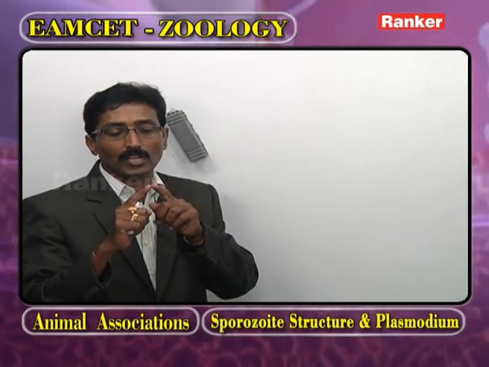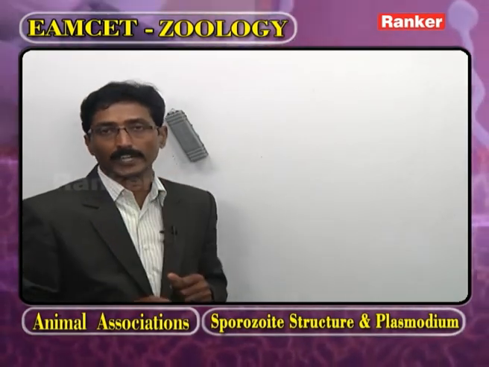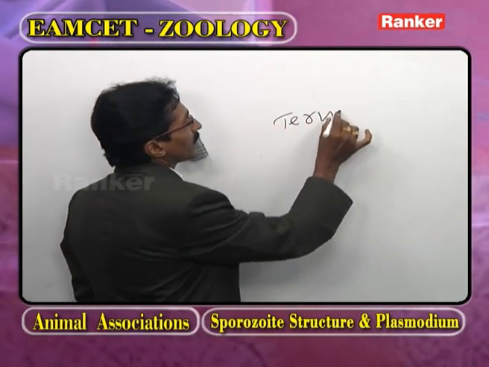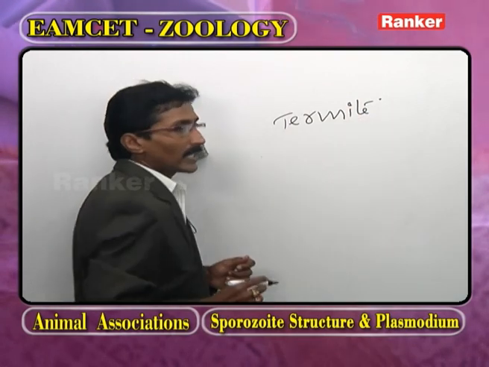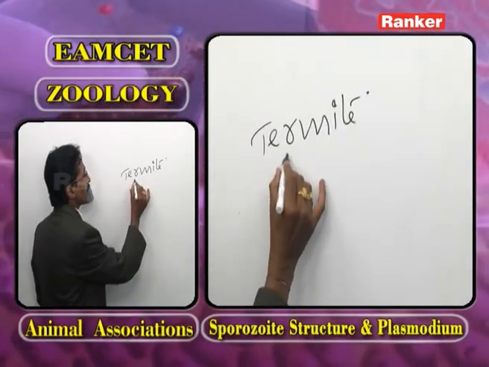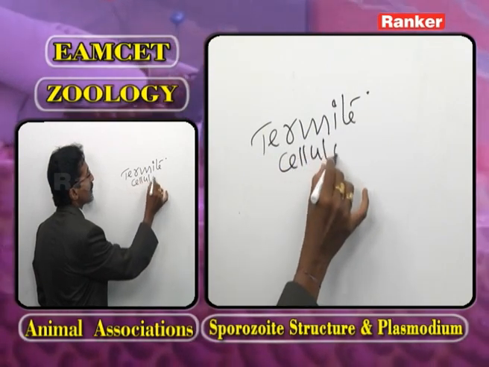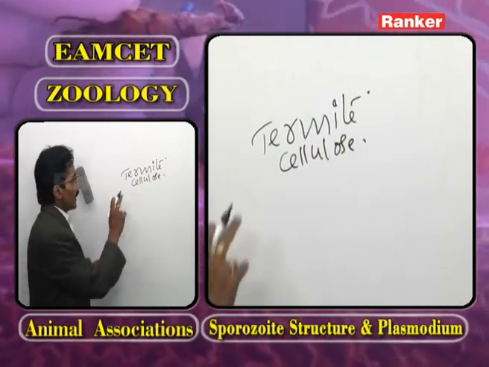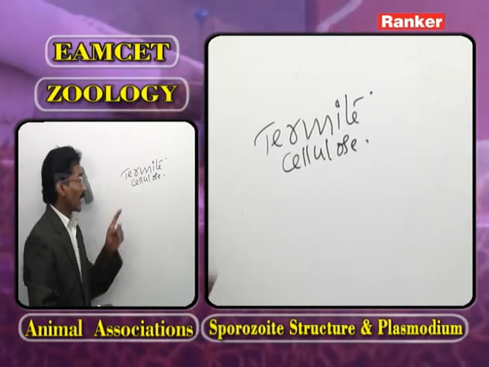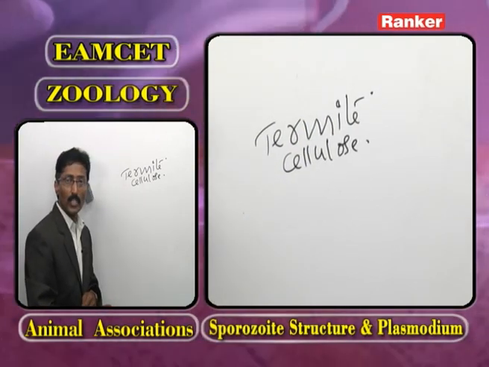Two organisms that are metabolically dependent. In the mutualism, one organism is the termite. What is the other name of termite? White ant. What is the food material of termite? That is cellulose. In the termite body, there is no cellulase enzyme. It is unable to digest the cellulose.